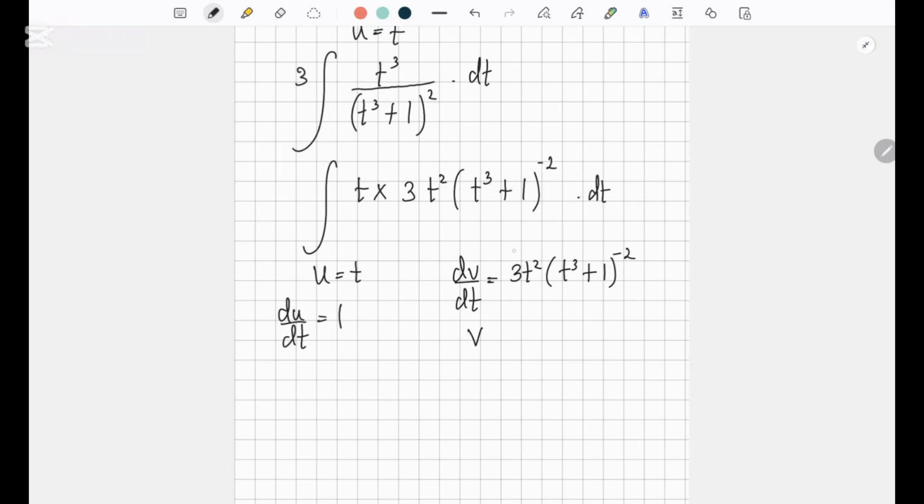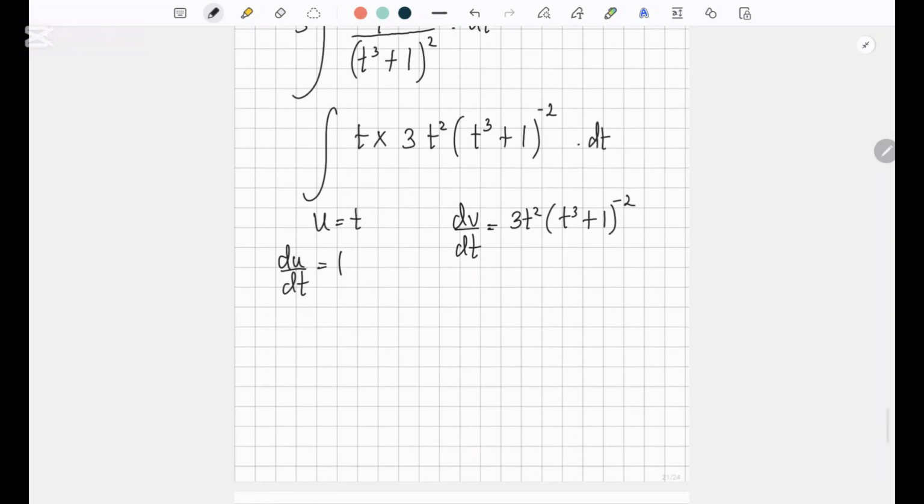All you have to do is integrate this. So how do you integrate that? It's easy. If you look carefully, if you differentiate what you have inside the brackets, you'll get 3t squared, which is right at the front, right?